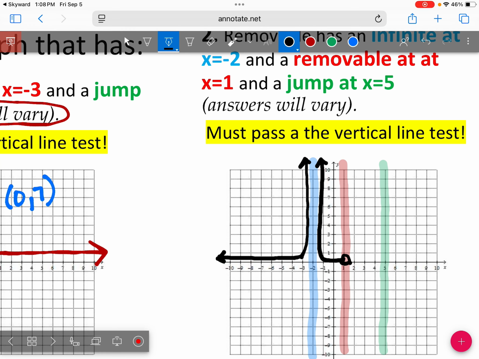So then it's going to keep going until it hits the next wall. When it hits the next wall, we have a closed circle or an open circle, and it needs to jump up or down and then go to the right.